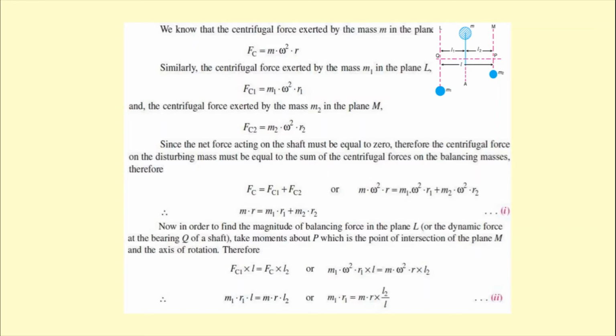So m1 omega square r1 multiplied by L equals m omega square r multiplied by L2. On simplification, we get m1 r1 L equal to m r L2, or m1 r1 equals m r into L2 by L. That is equation number 2.